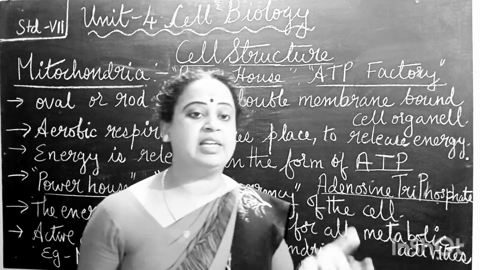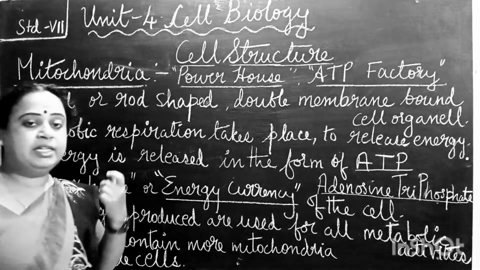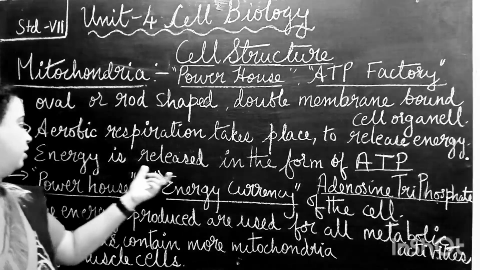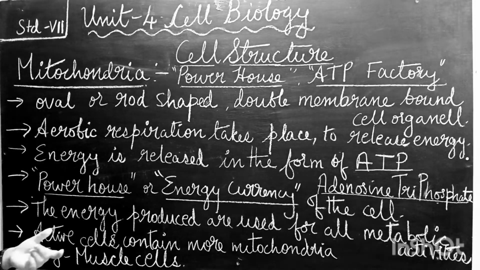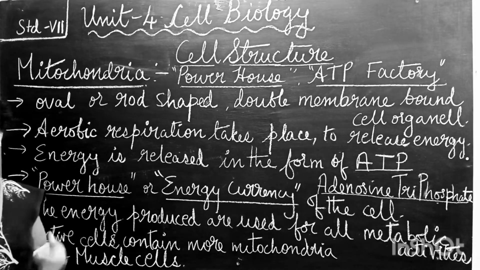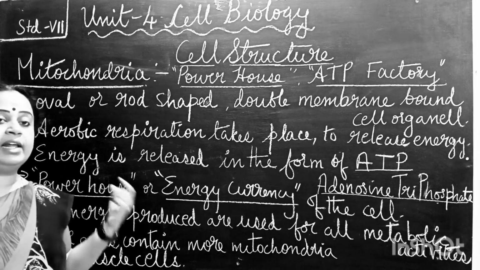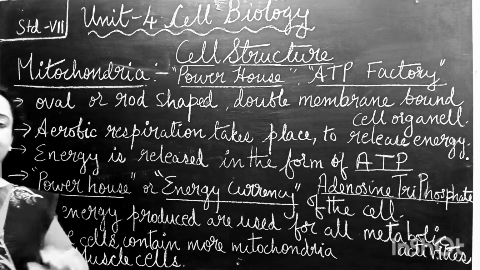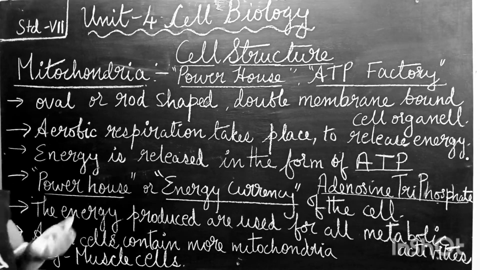So this energy is nothing but ATP. It is released after aerobic respiration. That is the reason why mitochondria is called the powerhouse of the cell, ATP factory or energy currency of the cell. These are all different terminologies used for the cell organelle mitochondria.